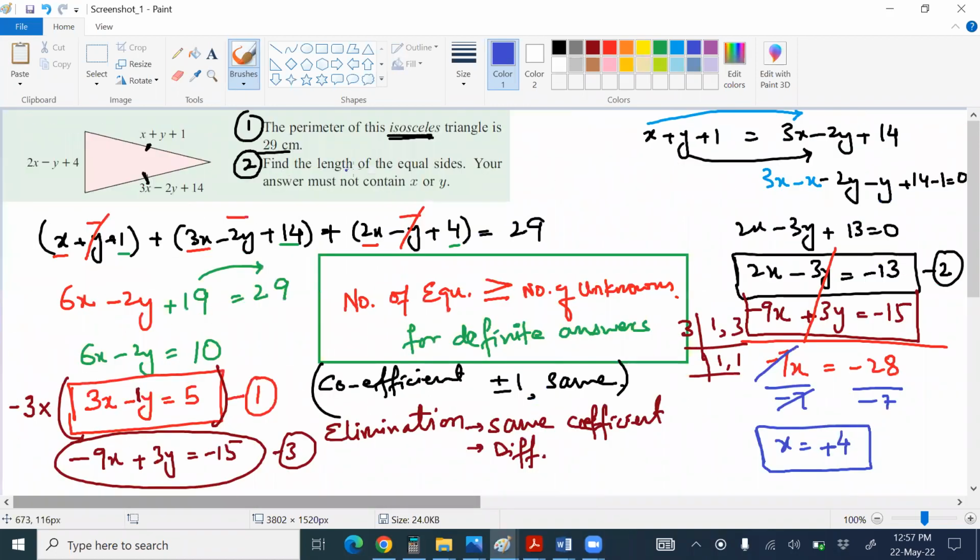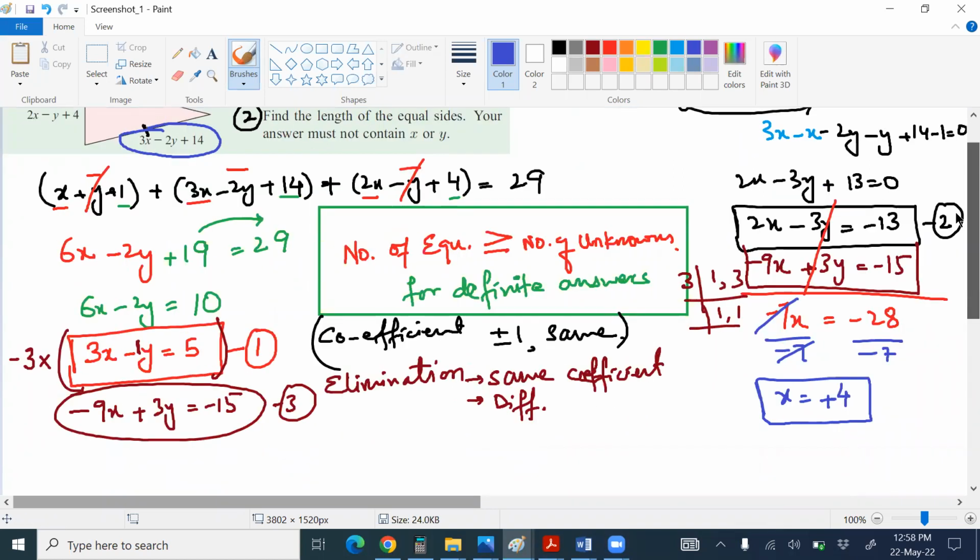Our question wasn't just finding the values of x and y. It says find the length of equal sides. Your answer must not contain x or y. So we have got the values of x and y. We want to find the length of just the equal sides. These are the equal sides: x plus y plus 1, 3x minus 2y plus 14. I know they are going to be equal. So I would rather use the values of x and y here because working is less. x is 4, y is 7.